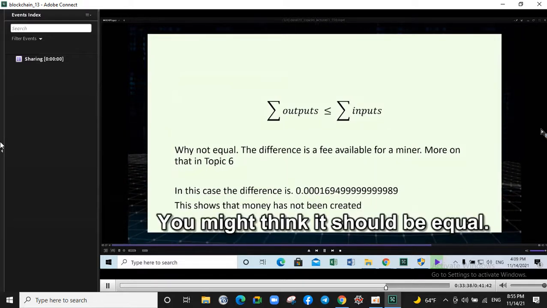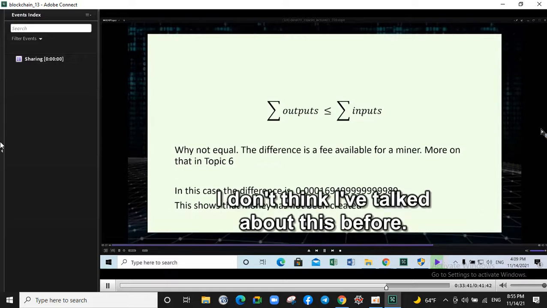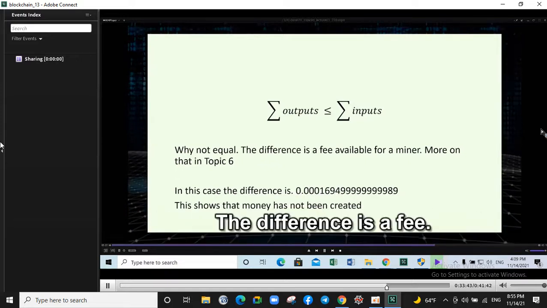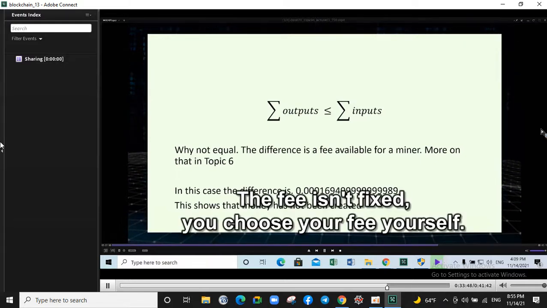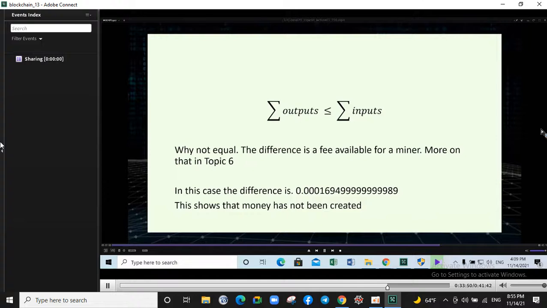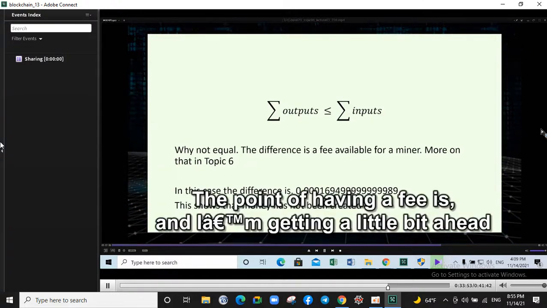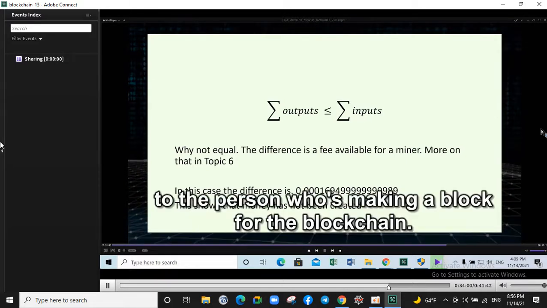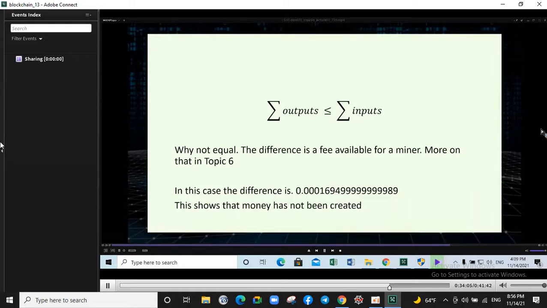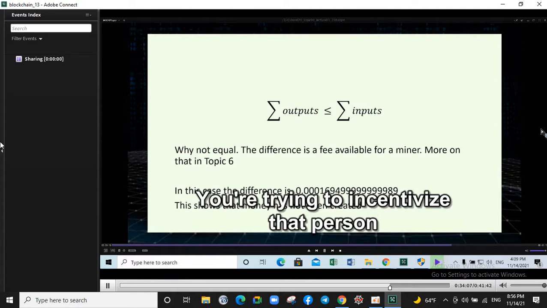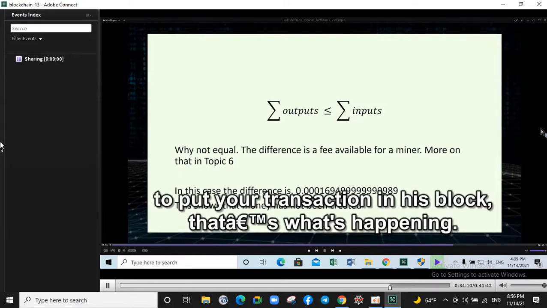Okay, so you might think why it shouldn't be equal, and I don't think I've talked about this before. The difference is a fee. Now the fee isn't fixed, you choose your fee yourself. The point of having a fee is that the fee goes to the person who's making a block for the blockchain, which is getting a little bit ahead of us here, and you're trying to incentivize that person to put your transaction in his block.